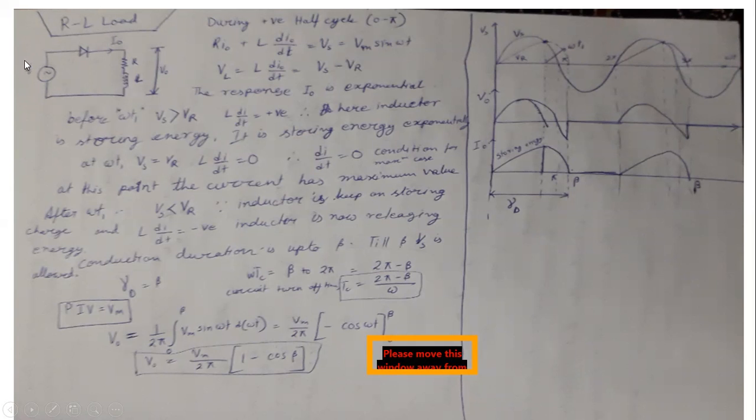So what will happen then? During the positive half cycle, the diode will be forward biased. So at that time the total voltage drop, or the output voltage, we can get as R I naught plus L d I naught dt, where I naught is the output current.